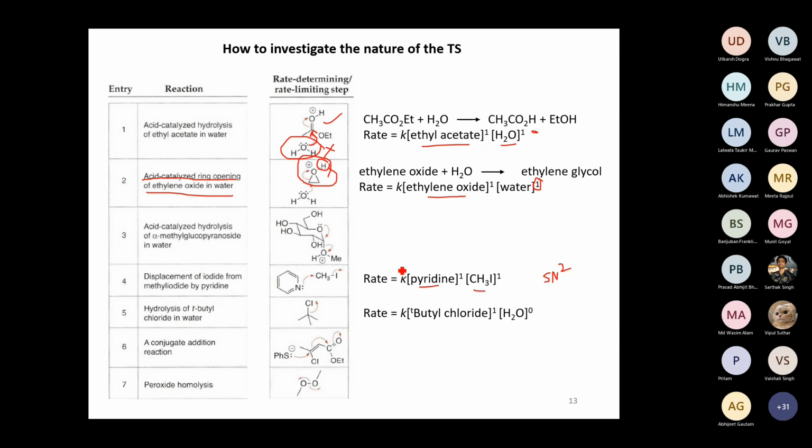So the nitrogen of pyridine is attacking here and iodide is leaving. See the arrow. In the transition state, similar to an SN2 type of reaction, it is a concerted process. That's why both are involved in the rate limiting step or rate determining step.